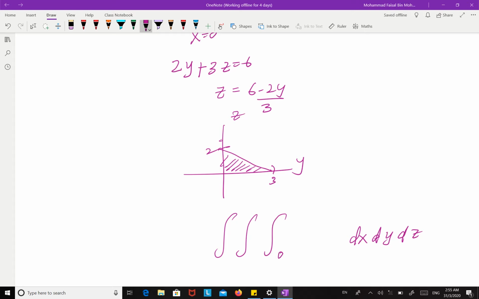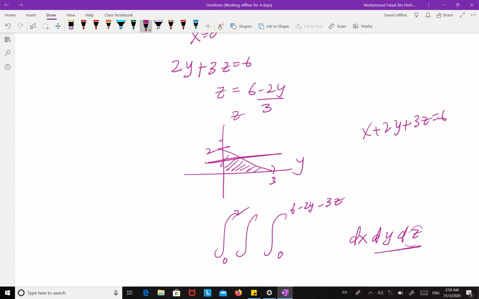The original equation will be x plus 2y plus 3z equals 6. So your x should be a function of y and z. So your x is 6 minus 2y minus 3z. Okay, dy dz means z is constant, so cut at z. Your z should be 0 to 2.